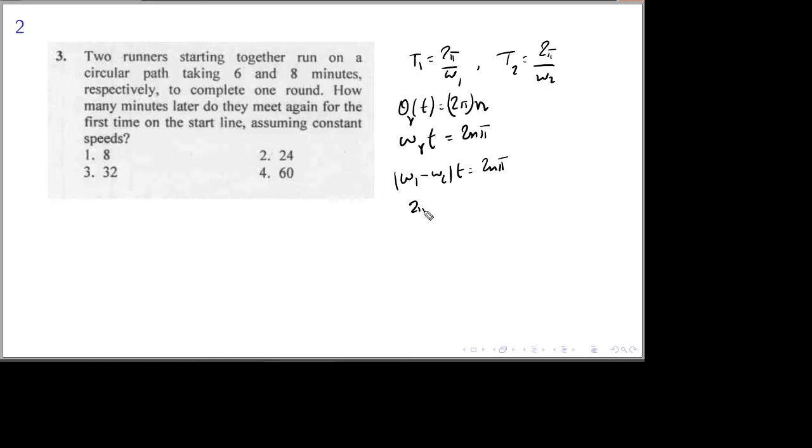So 2 pi into (1 by t1 minus 1 by t2) equals 2n pi. Here t1 is 6 and t2 is 8, so 2 pi into (1 by 6 minus 1 by 8) equals 2n pi. How much is this? It's 24, no? 4 minus 3 over 24, times 2 pi, equals 2n pi.